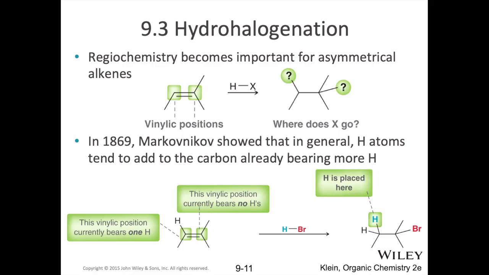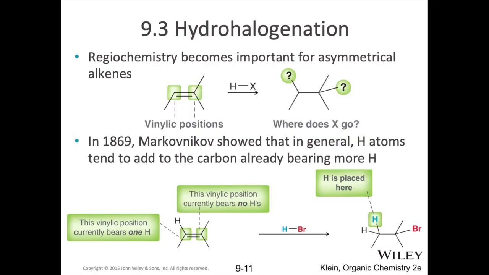Are we going to get a mixture of products? Well, it turns out that we actually have a preference for one product versus another. The rule that governs it is known as Markovnikov's rule, named after the scientist who showed or explained why it happened.